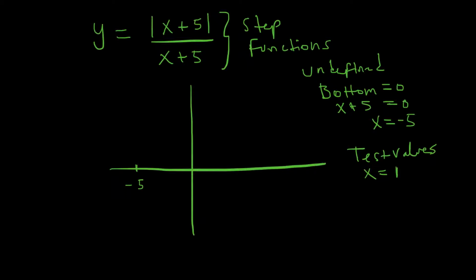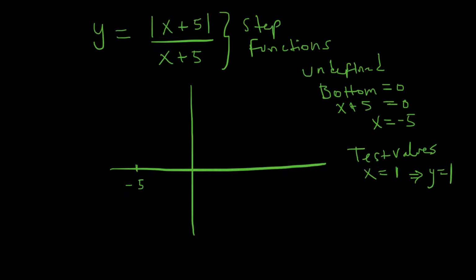If you try 1 and you plug it in here, what would you get? 1 plus 5 is 6, absolute value of 6 is 6. 1 plus 5, 6, positive 6 divided by positive 6, I will get a 1. So when x is 1, y is 1.